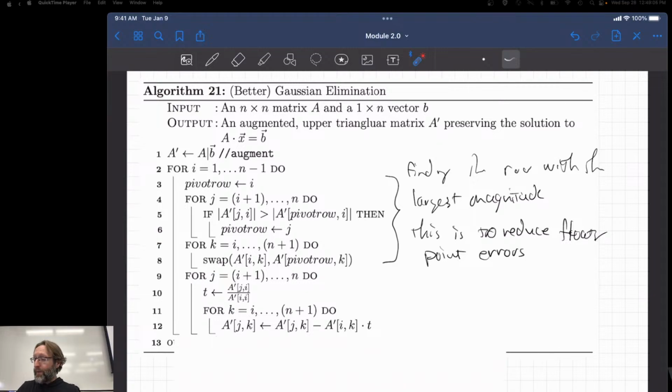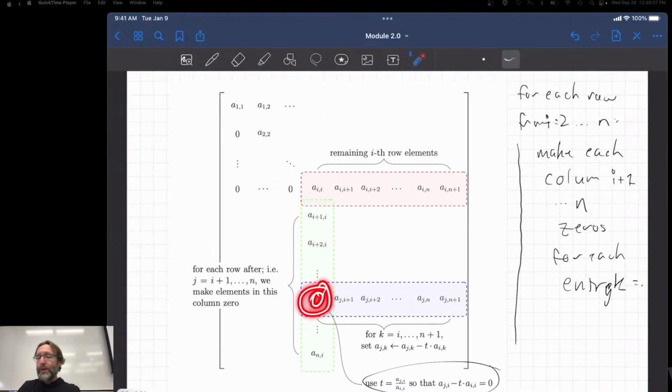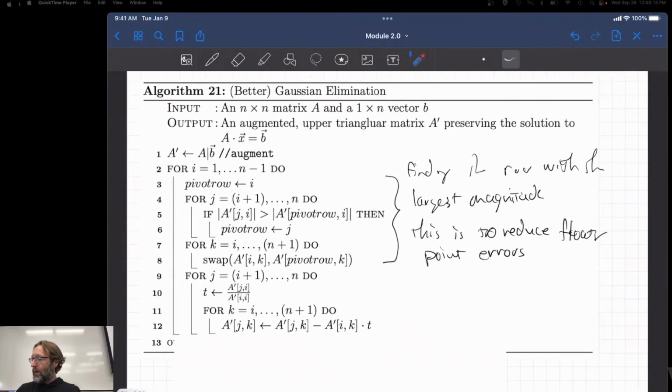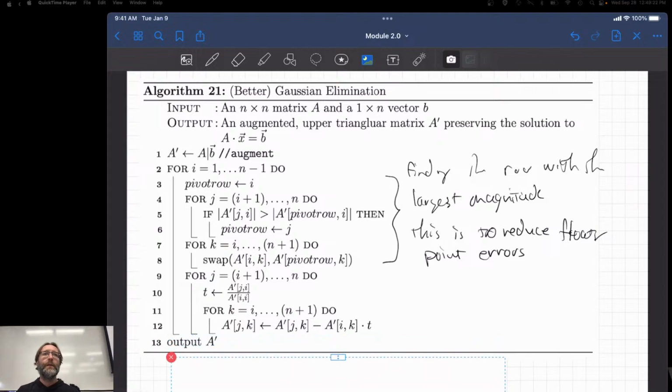For the first one, that's going to end up making this 0. For all these other values in this row, it's going to change them, but hopefully they're not 0. And that's it. We output the augmented matrix at the end.